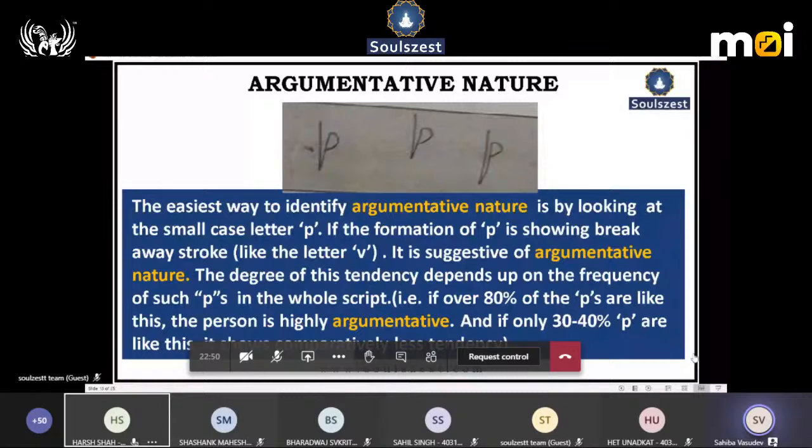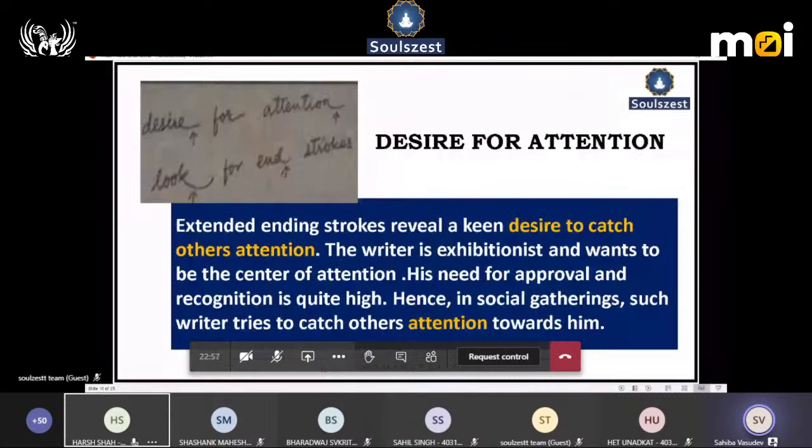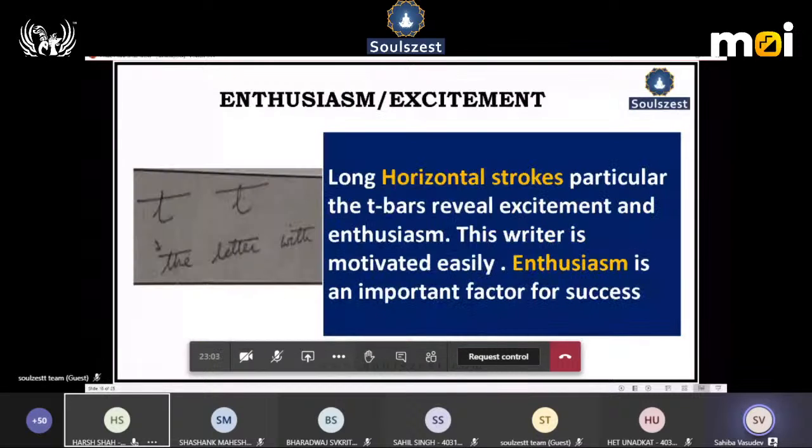In the first PPT where we spoke about the letter T, we talked about goals if it is high, but right now we are talking about long. If it is high, we say it is ambitious, but if it is long, then we say that long horizontal strokes, particularly the T bars, reveal excitement and enthusiasm.